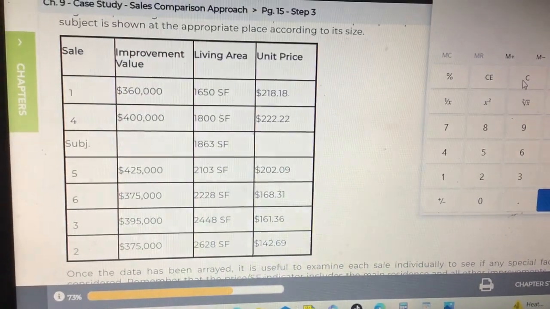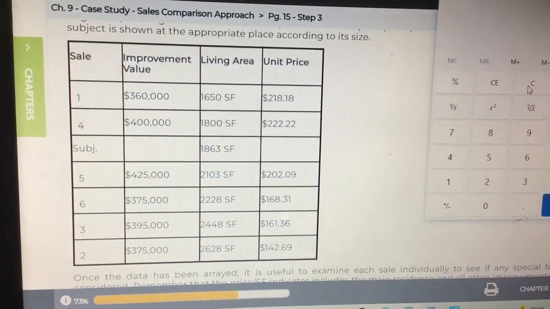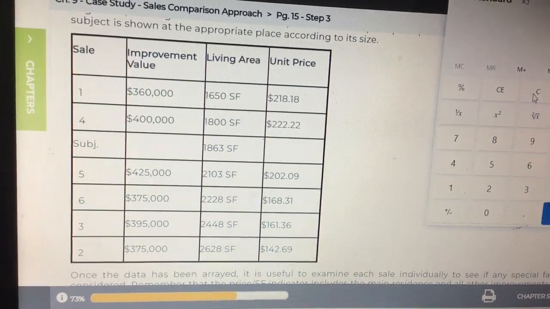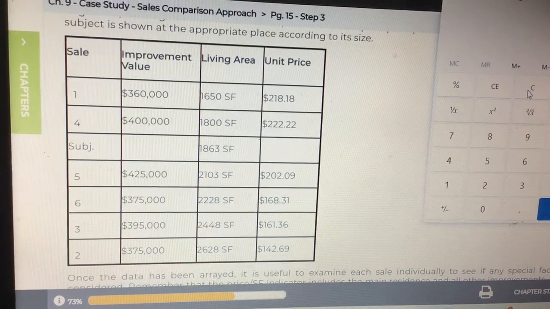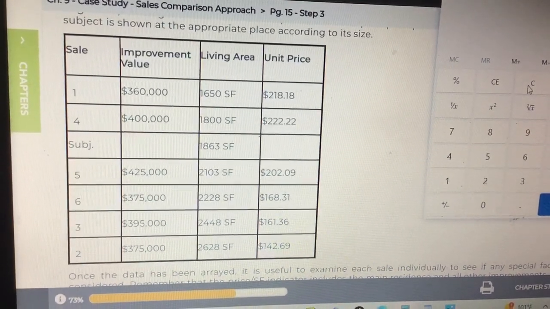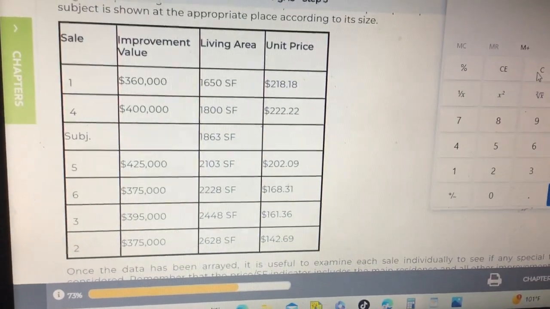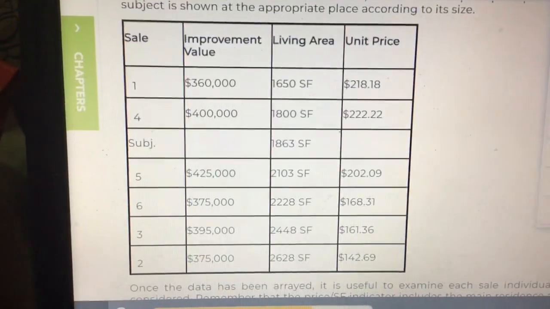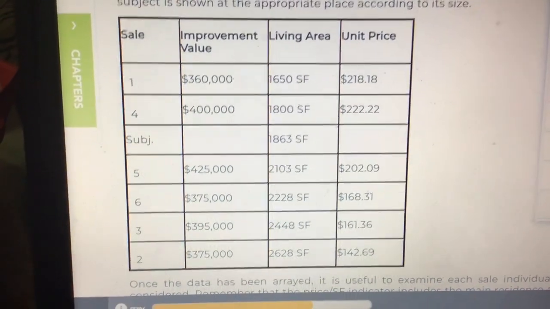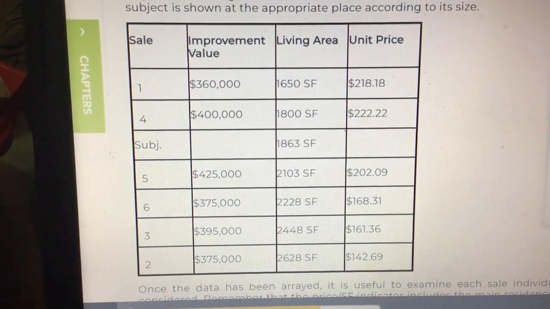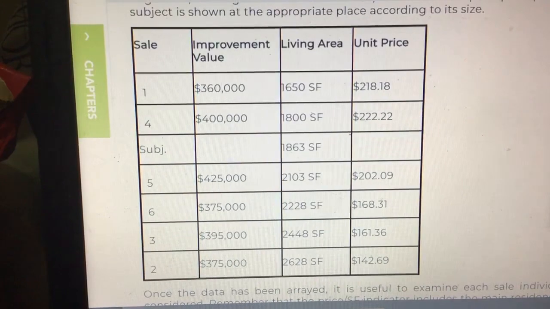Well, our subject is 1863, right? I like that this grid puts the subject right there in between the square feet, which gives us a far closer look at comps.